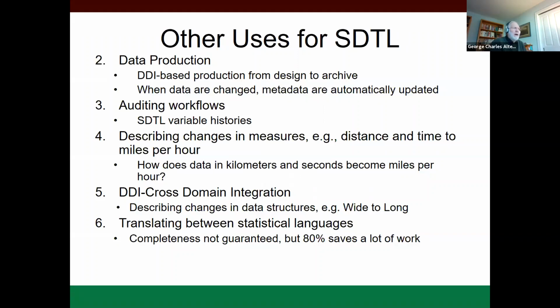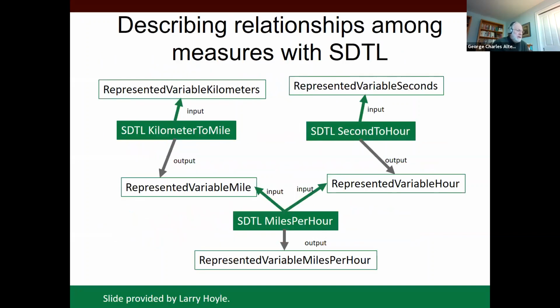Another usage of SDTL that emerged recently, especially from our friends who are on the DDI cross-domain integration project, is using SDTL to describe relationships between different measures. And this is a slide that Larry Hoyle provided me with.